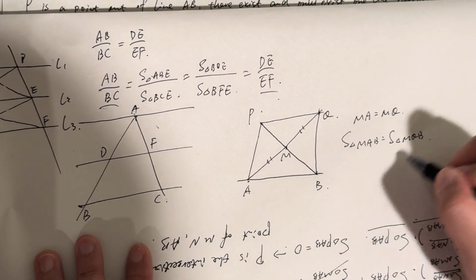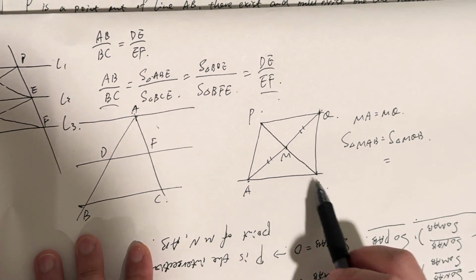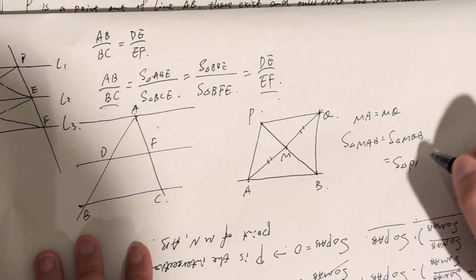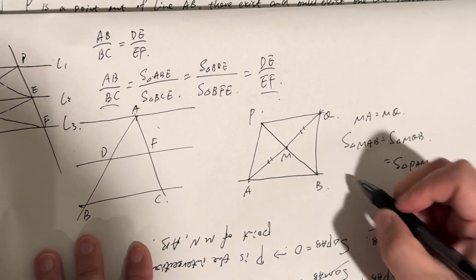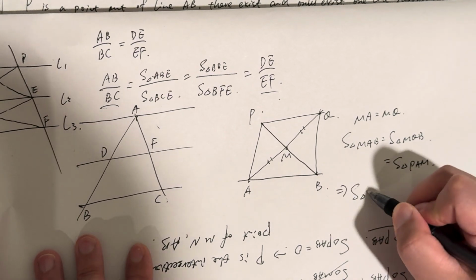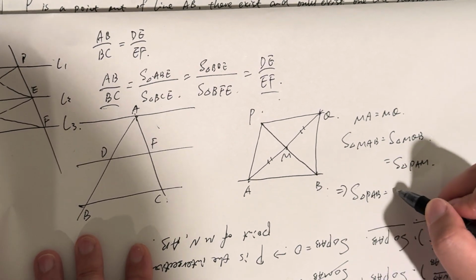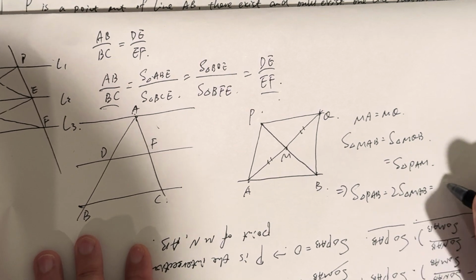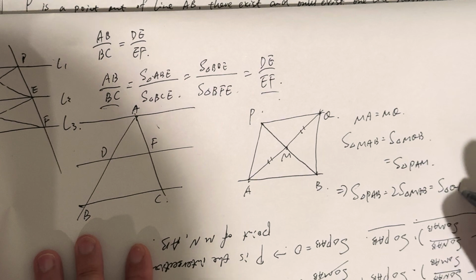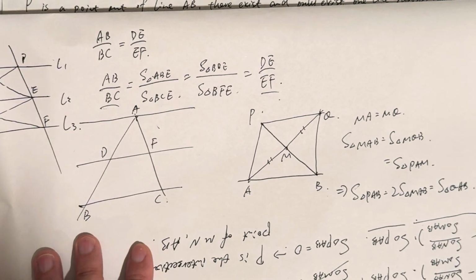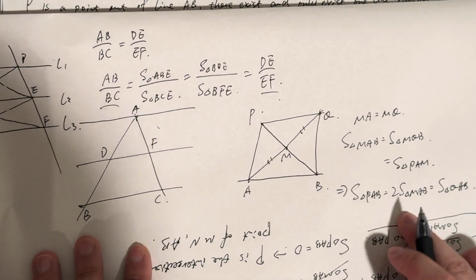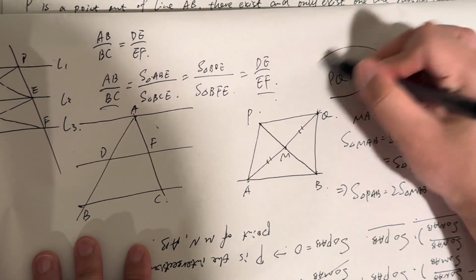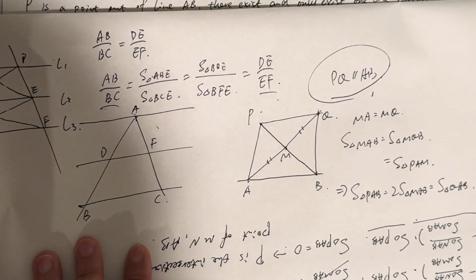So the area of triangle MAB also equals the area of triangle PAM, which means the area of triangle PAB equals twice the area of triangle MAB, which equals the area of triangle QAB, right? That means PQ is parallel to AB. This is what we just learned.